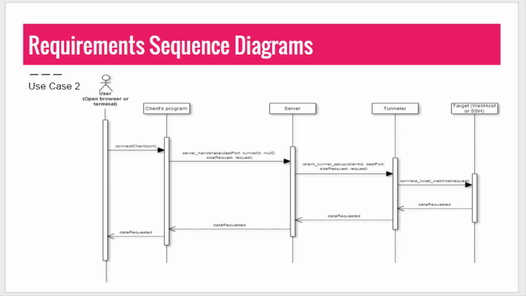The server will then connect to a desired tunneler and give it the parameters that were given by the client software. At that point, the tunneler on the other end will connect to a target software, meaning a web host, SSH, or VNC remote control software, and the data request is going to be sent back through the server to the client which started the session.